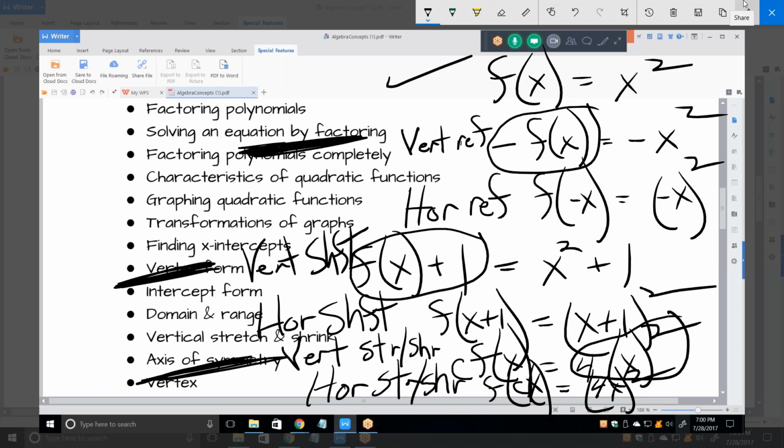Now let's look at the horizontal ones. That's inside the f of x. That's inside the f of x. The plus 1 is inside the parentheses. And the last one is inside the f of x. So that's probably the most important thing you can remember, is that vertical transformations, anything that's being done is outside the function. Horizontal transformations are inside the function.